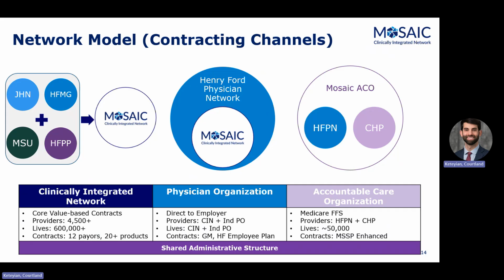So it's important to recognize that even though we have different things called Mosaic and different contracting vehicles, those are 3 strategically different and distinct entities, all supported by the same team of folks that are the dedicated network support team for Henry Ford.